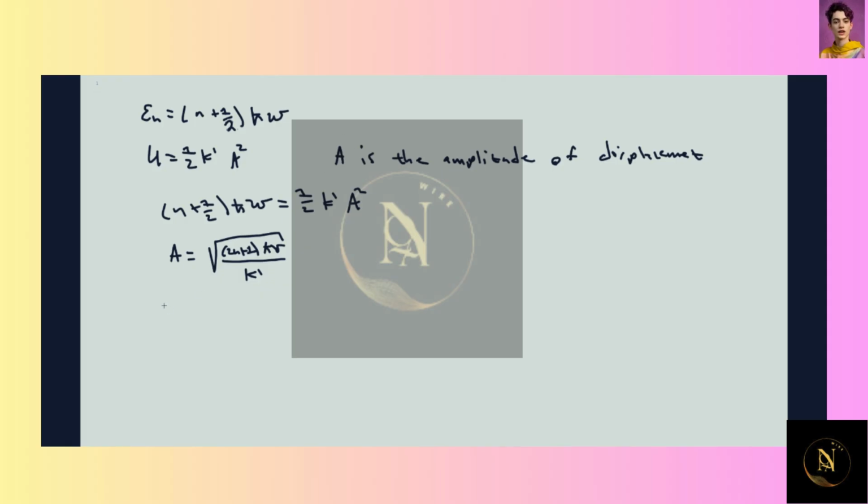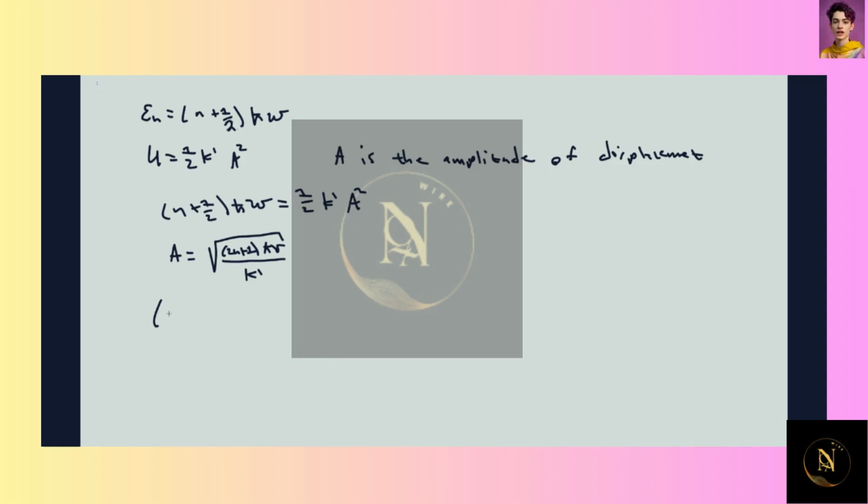In order to get the momentum, we need to know the velocity. We can also use the fact that in a harmonic oscillator, at the central point, where the displacement is 0, the kinetic energy is maximum. So there's no potential energy, and E sub n is equal to the kinetic energy.